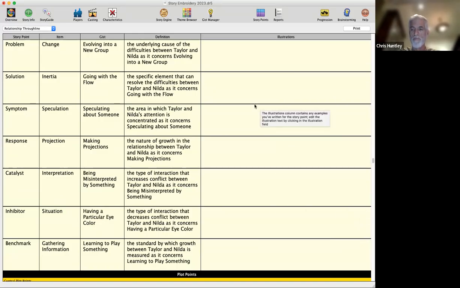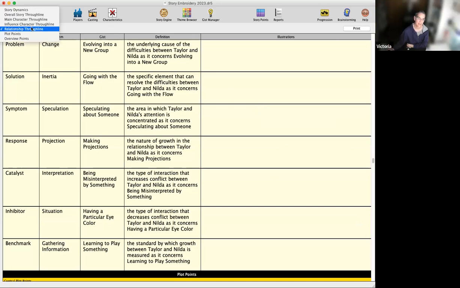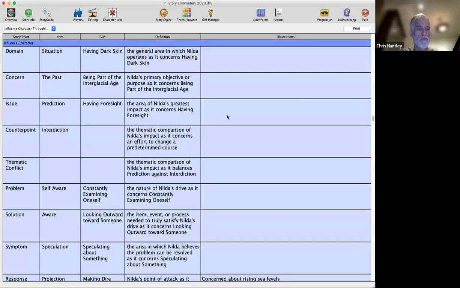Victoria, I was thinking about the influence character issue, having foresight. Oh, yes. So Nilda has foresight, as many Cubans do, but instead of doing it with the shells of nails, she has dreams and premonitions.